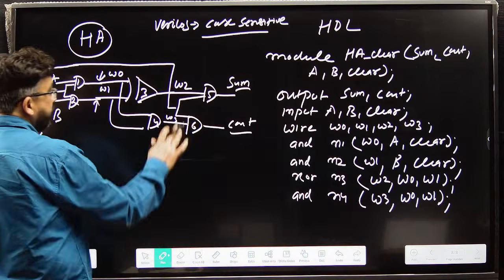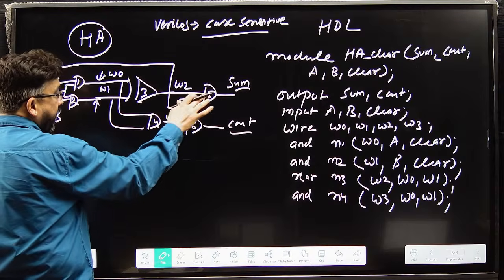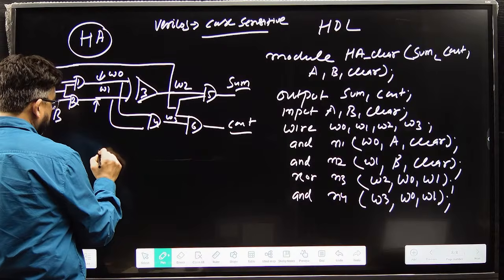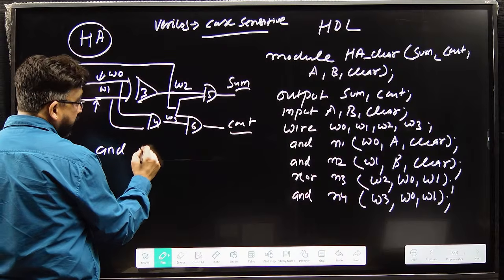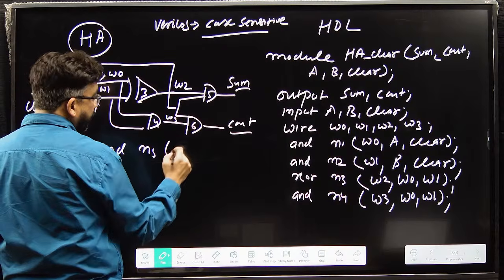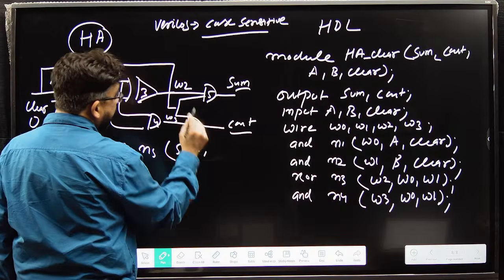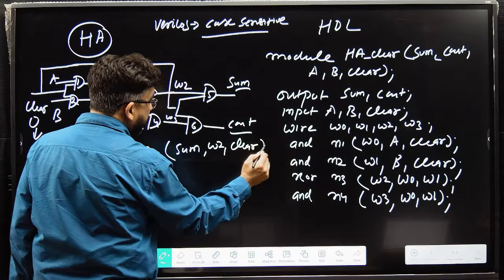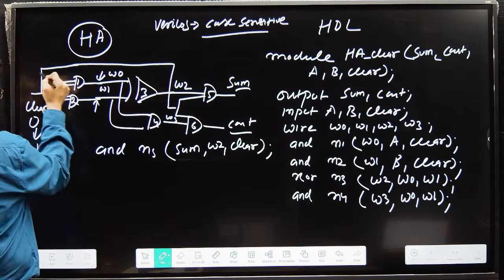Then you have the last, N5 and N6. Again an AND gate. N5 output is sum. Input is W2 and clear. What is clear? This one is clear.